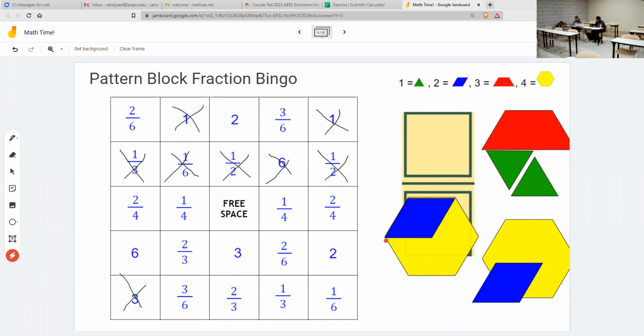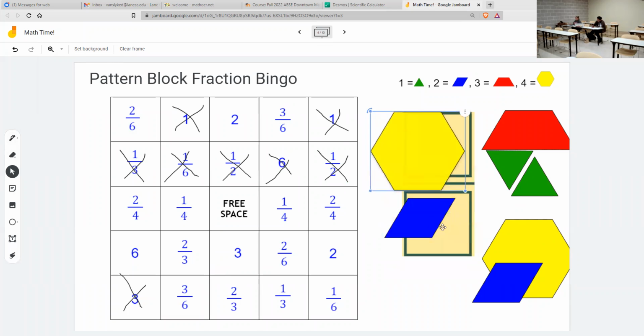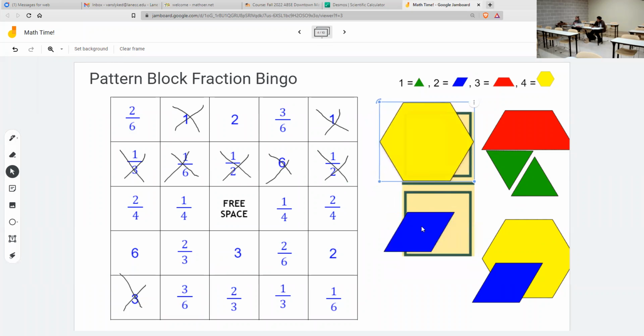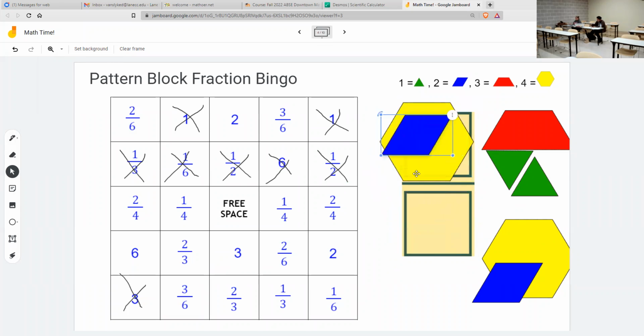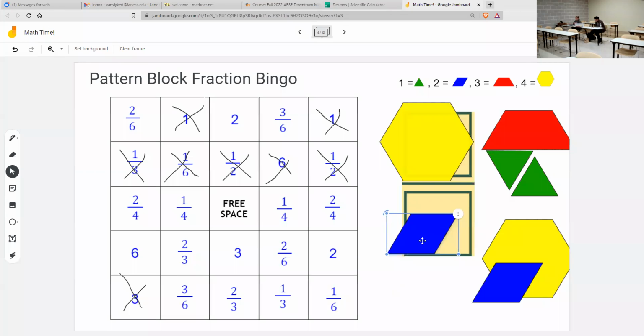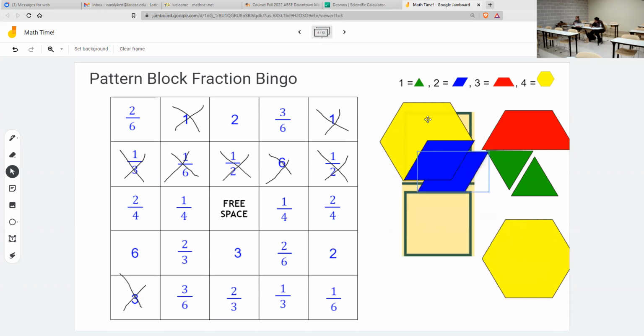What would that be? How many blues make a yellow? If the blue is counting as 1, the yellow would be how much if blue is 1? So if blue is 1, then yellow is 2.